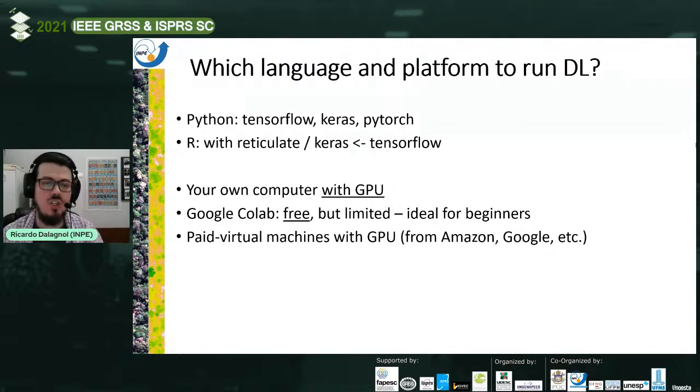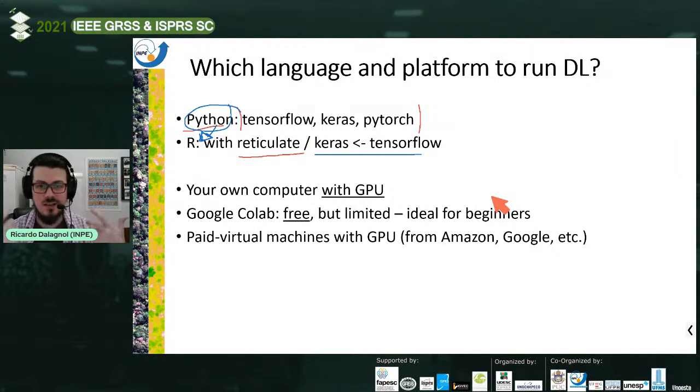So which language and platform can I run deep learning? Within Python, you have these libraries. Within R, you have reticulate, which basically runs Python inside R. And then we can run the Keras and TensorFlow libraries, which are the core of the deep learning methods.